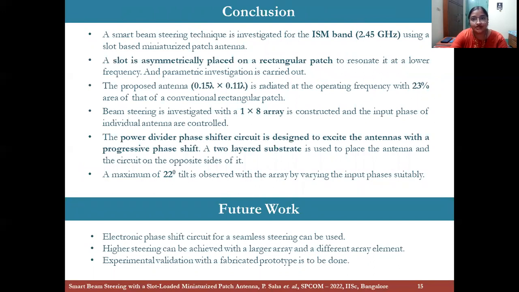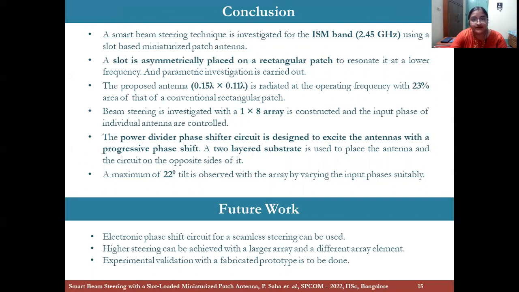Here are the conclusions. A smart beam steering technique is investigated for ISM band application at 2.45 GHz. A slot-loaded miniaturized patch antenna is designed, and the patch is radiating with only 23% of the area of a conventional rectangular patch at 2.45 GHz.